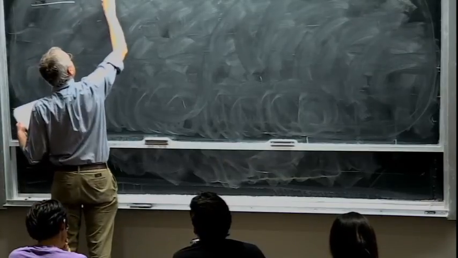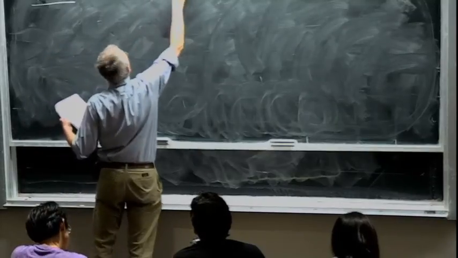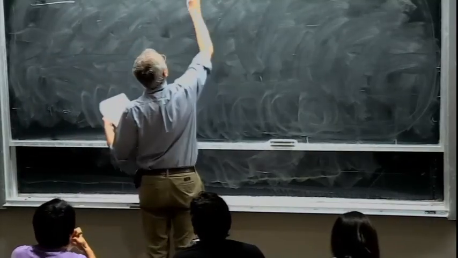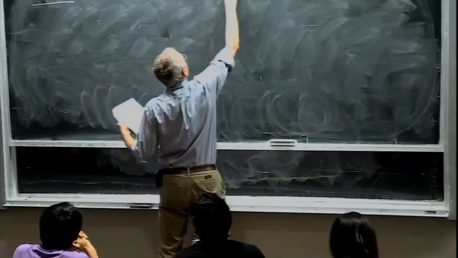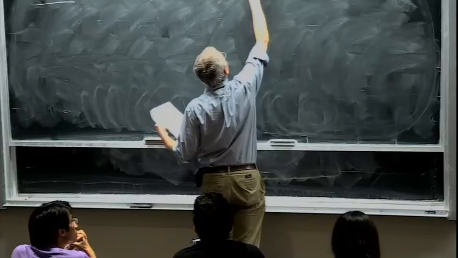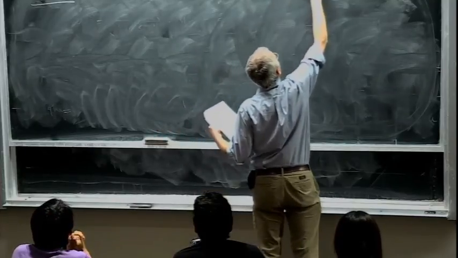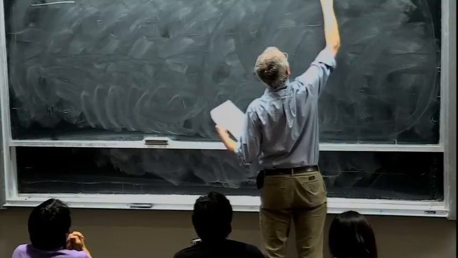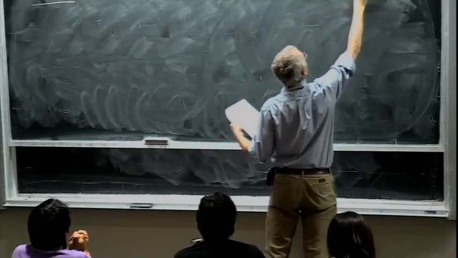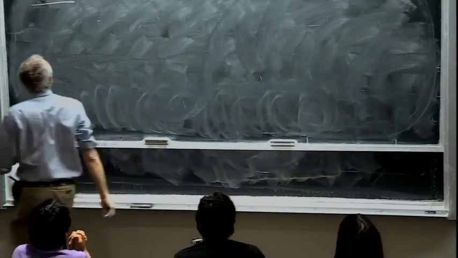So it turns out we need to consider only one T, one time reversal, and one charge conjugation operator.